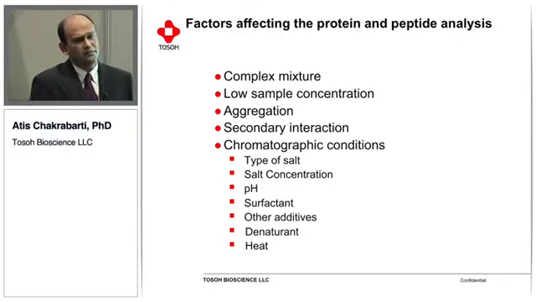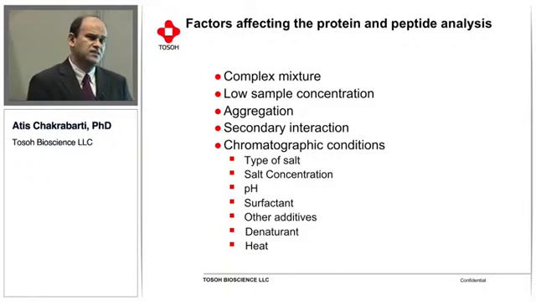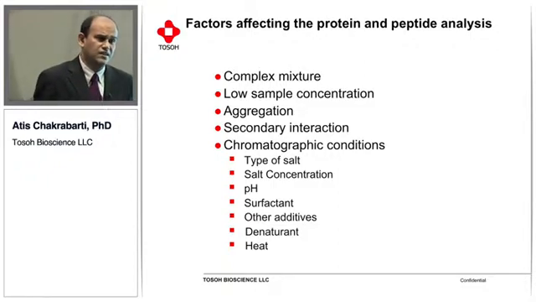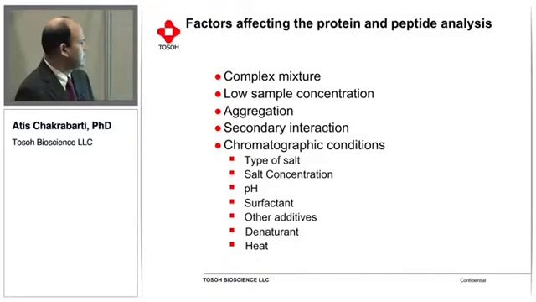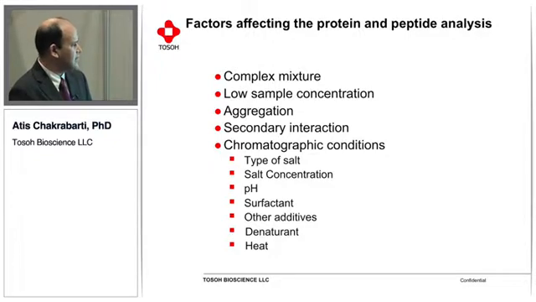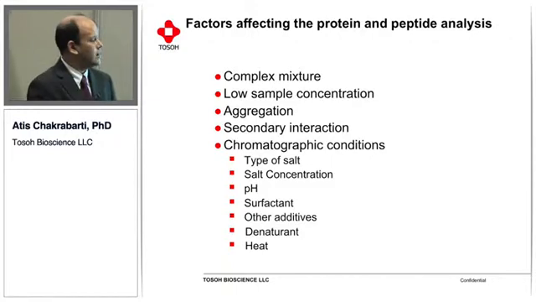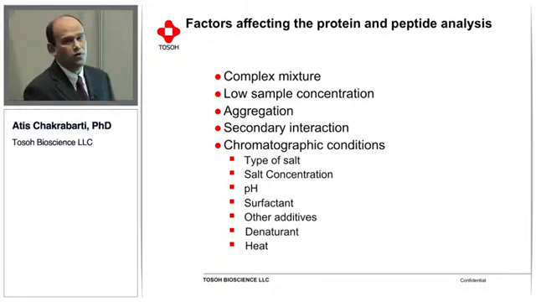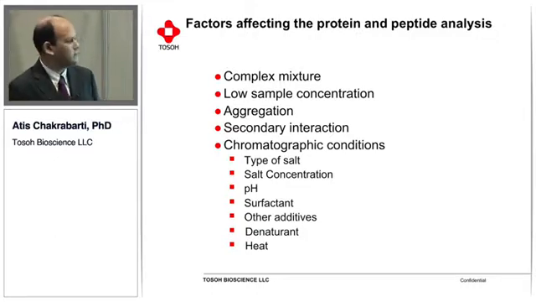Surfactants are many times needed for the protein separation at some point, and even surfactant is needed sometimes for better separation of the molecules also. Other derivatives, additives, denaturant, and heat. Everything. Heat is not that important in SEC, but other things are very important when you are solving that puzzle for the best mode of chromatographic separation.